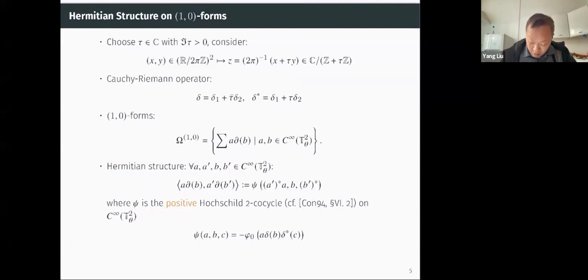Now comes the role of 0,1 forms. Let's consider this at an algebraic level: finite sums of the form a delta of b. Here delta is like a symbol; think of it at this stage like universal differential forms.